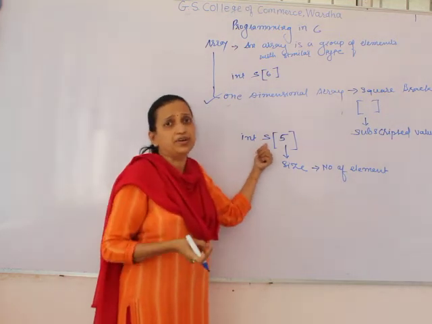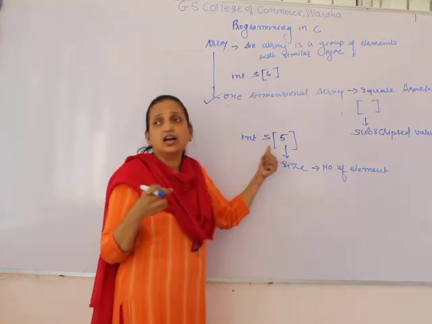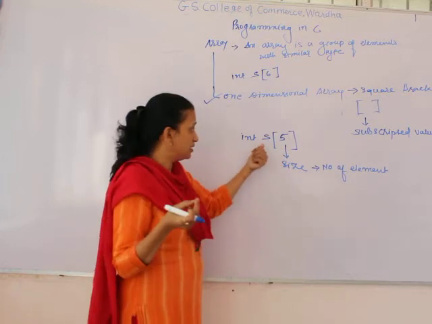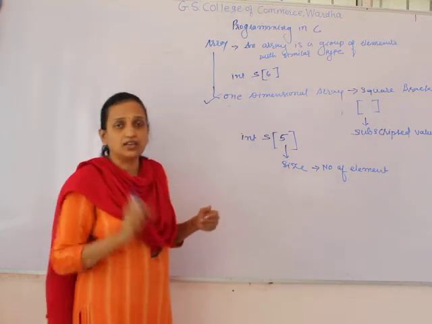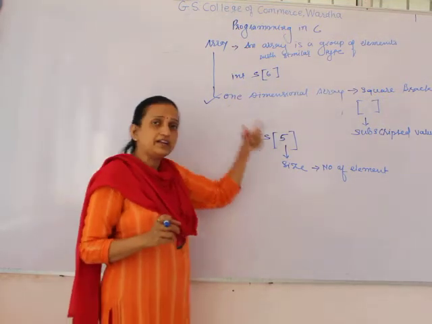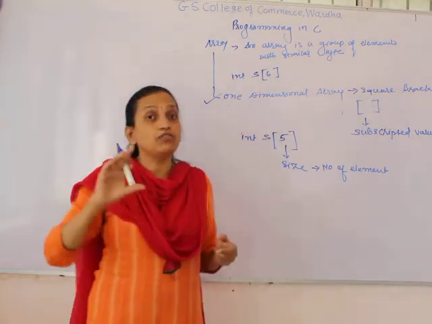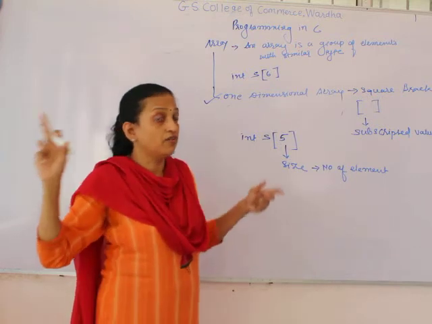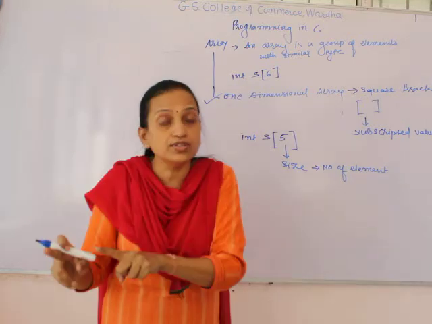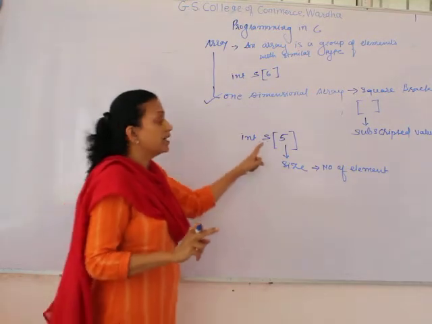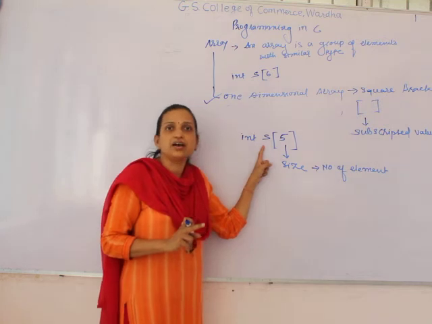It may be alphanumeric, it is not purely numeric, and you cannot give a space in the variable name. Whatever rules you follow while declaring a variable name, you have to follow the same rules for an array variable name.